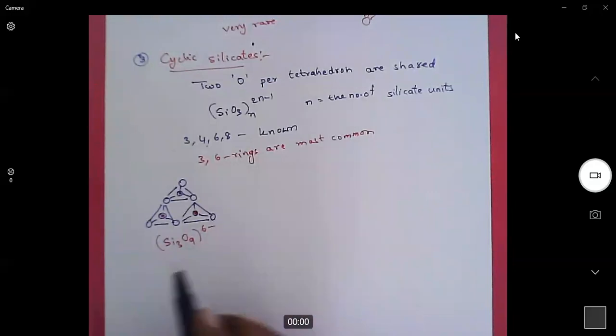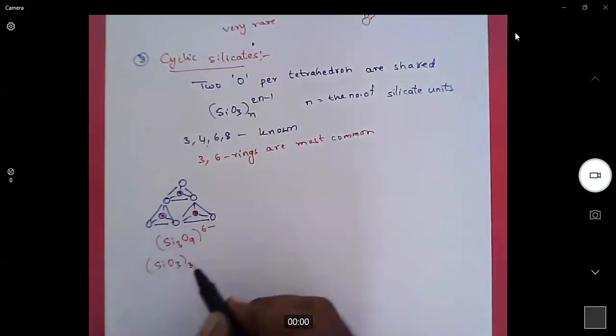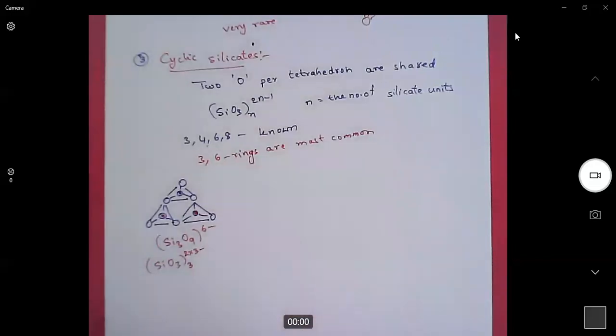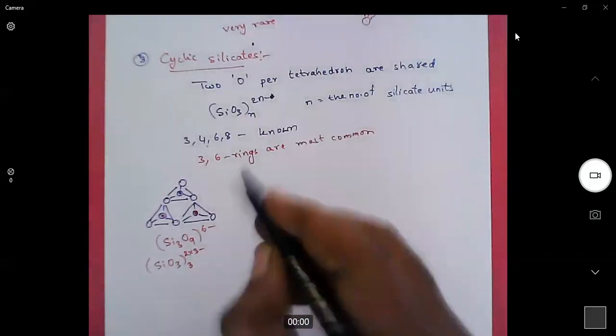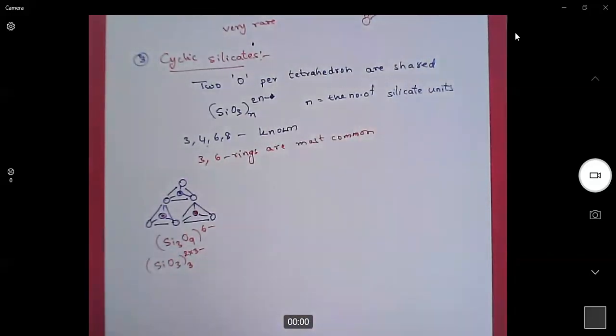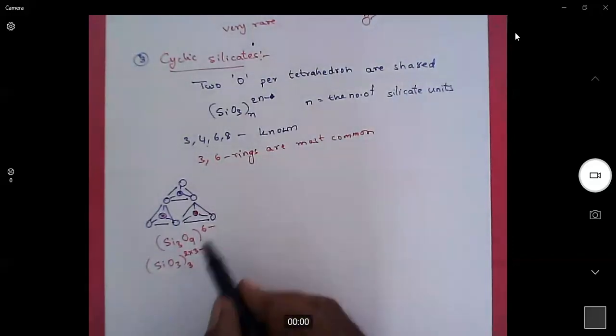If you want to write it completely, the general formula is (SiO3)n with 2n- charge. Sorry, here there is no minus 1. 2n minus only. So 2 into 3, it becomes 6-, right?